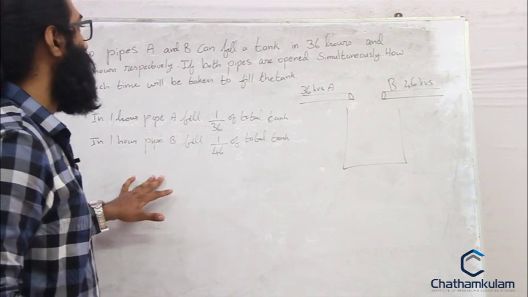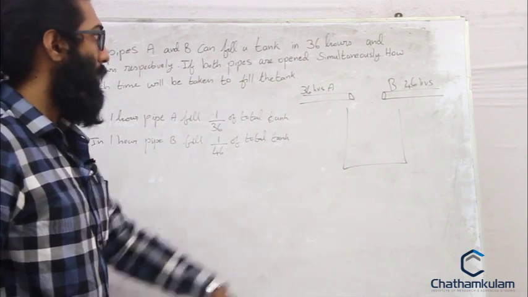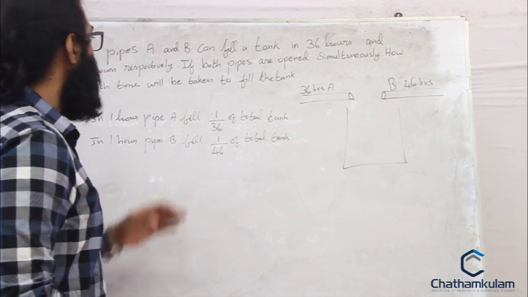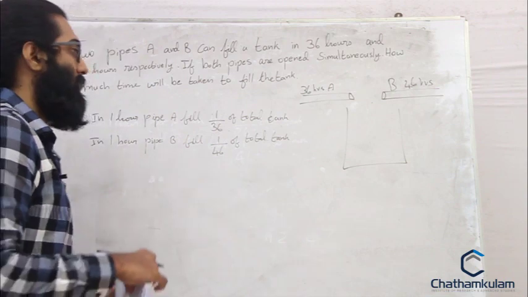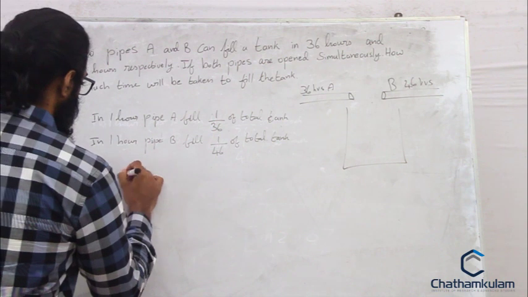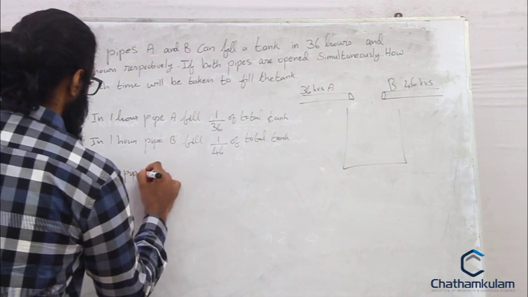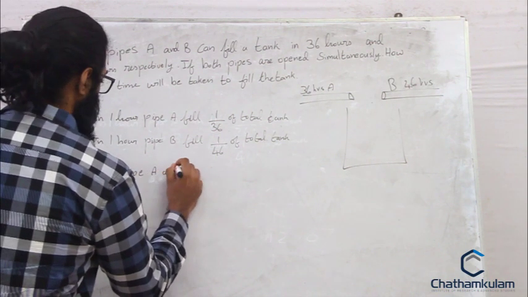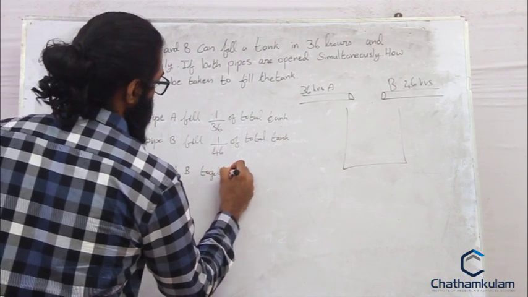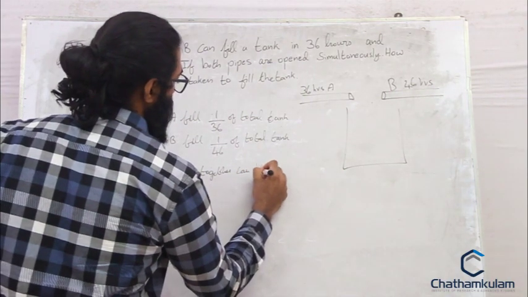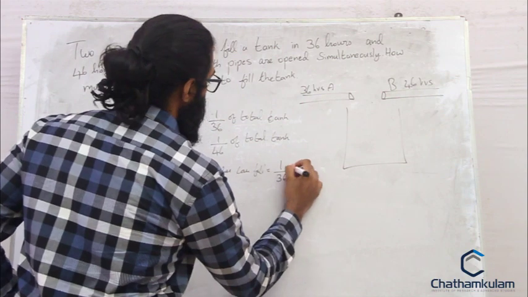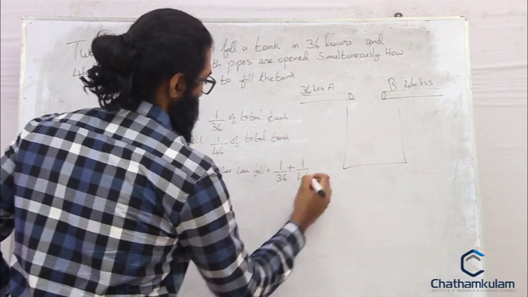The question asks, if both the pipes are opened simultaneously, how much time will be taken to fill the tank? So pipes A and B together can fill 1/36 plus 1/46.